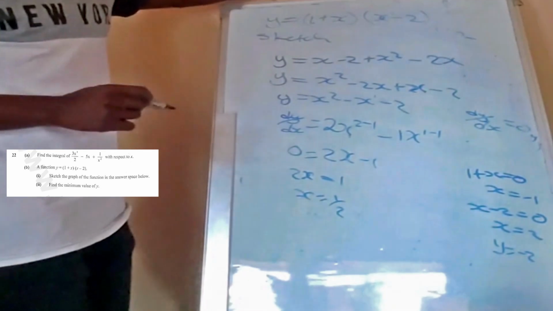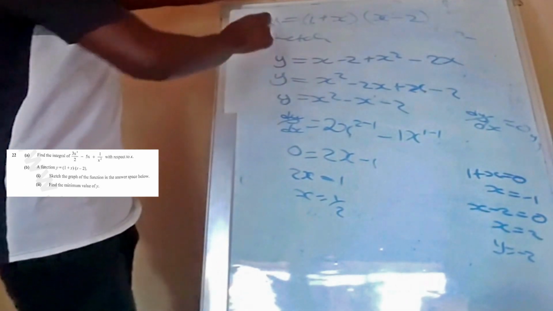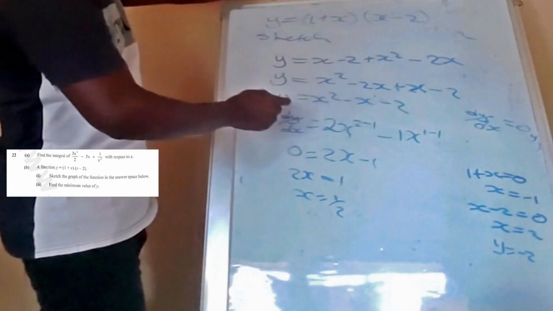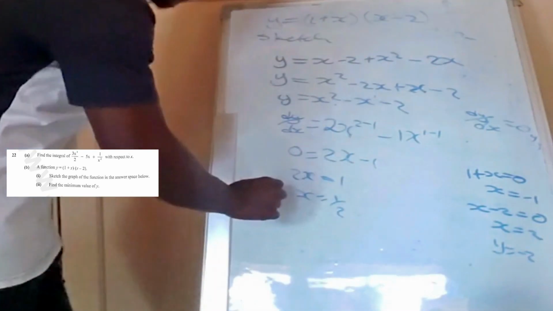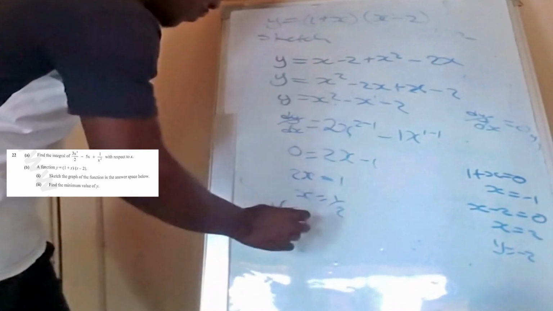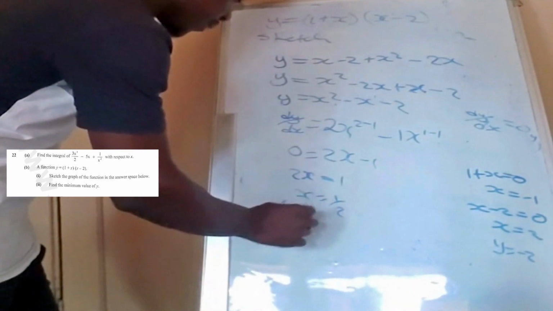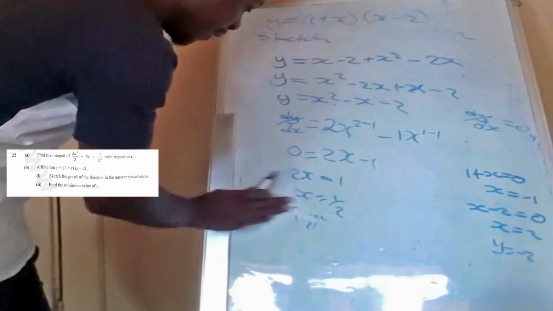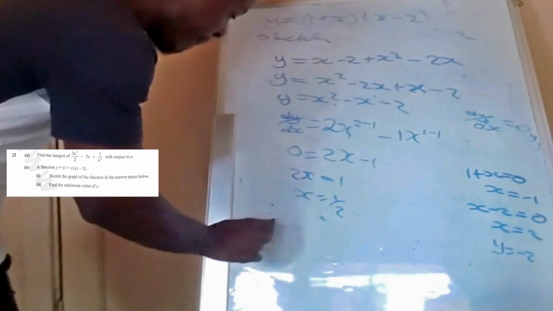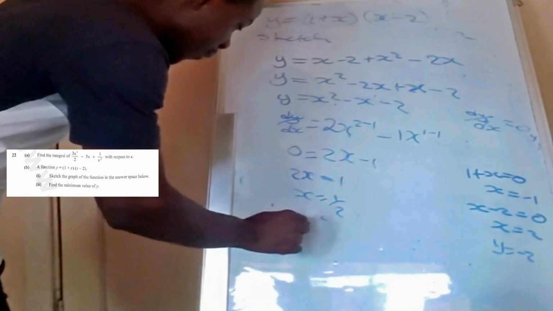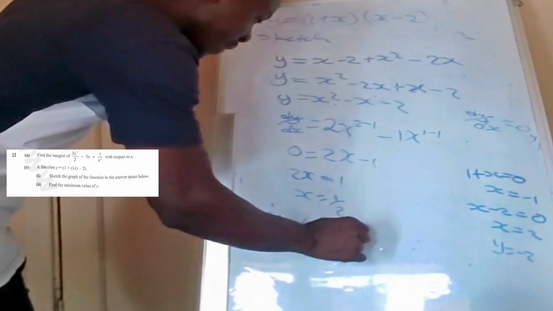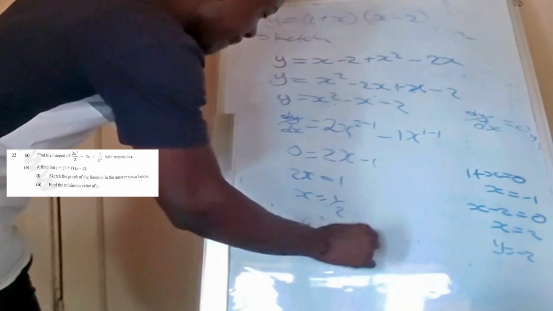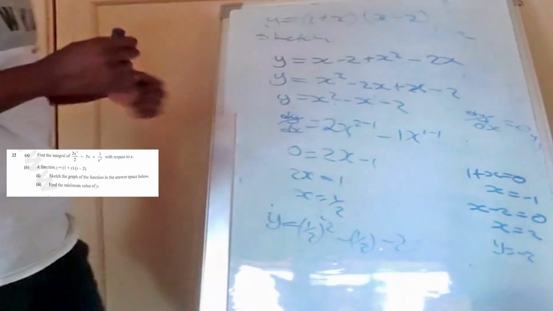So you found the value of x, and now we can find the value of y by replacing it in this equation. This is the same as that, we just expanded. So y equals, where there's x, we put 1 over 2. y is equal to 1 over 2 squared minus 1 over 2 minus 2.